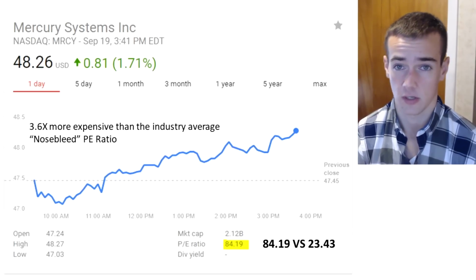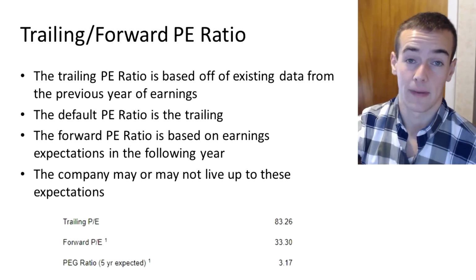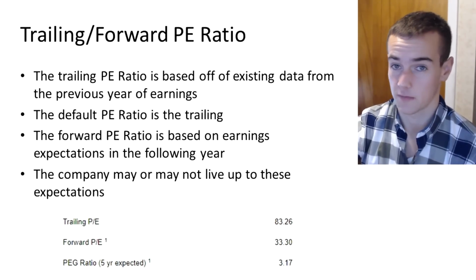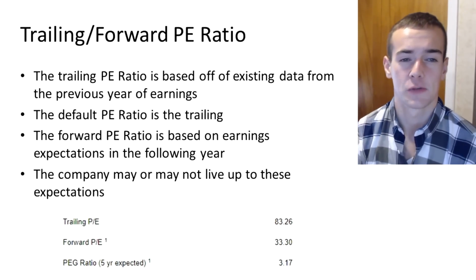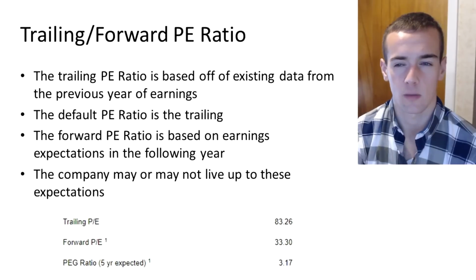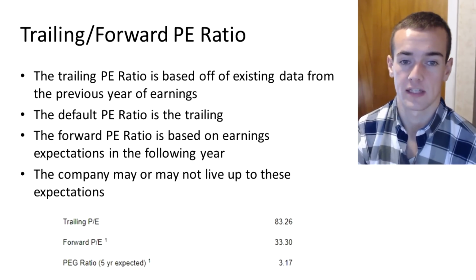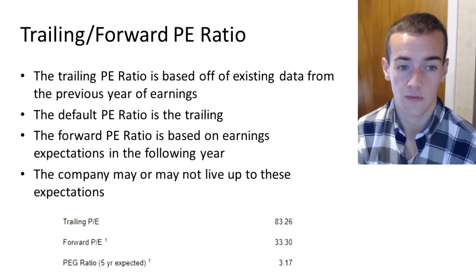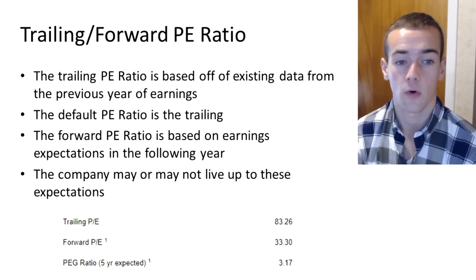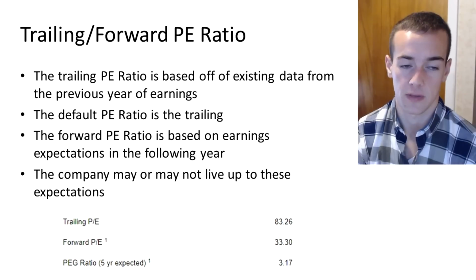But now we have to stop and think about the trailing versus the forward PE, because this is really a great way to explain why a company might have such a high price to earnings ratio. The trailing PE ratio is based off of existing data from the previous year of earnings, and the default PE ratio is that trailing PE.